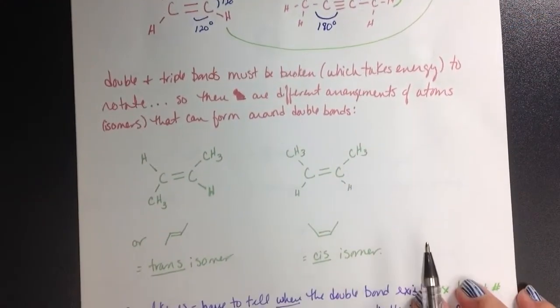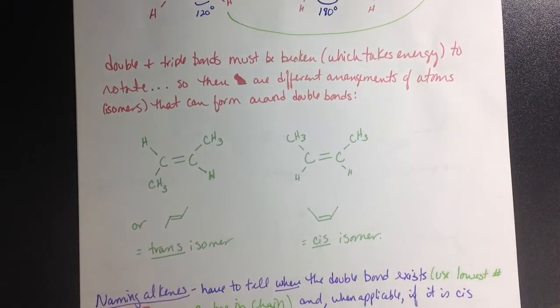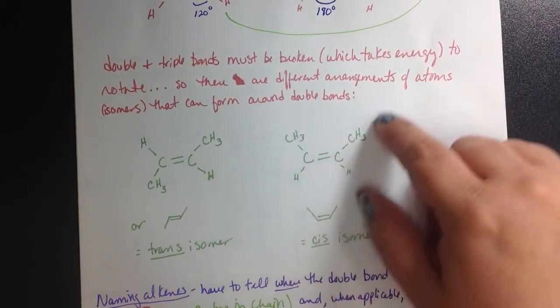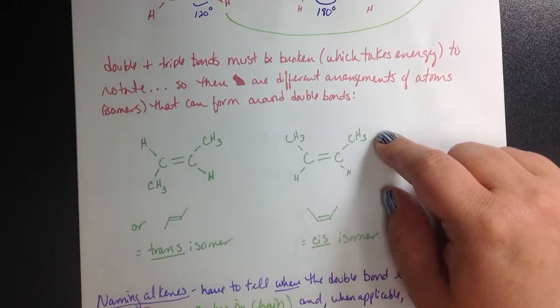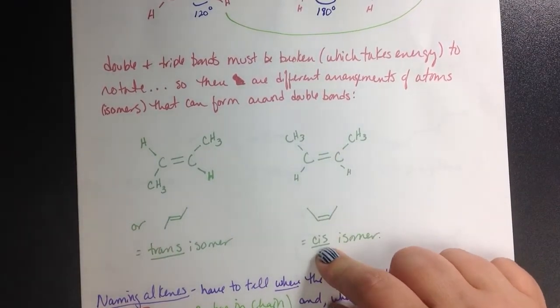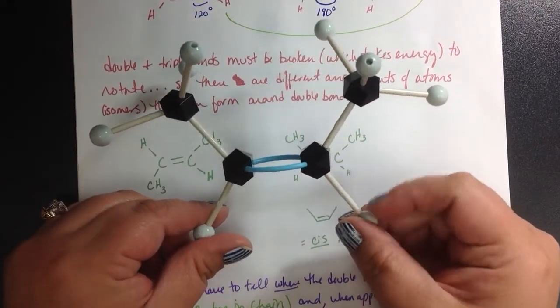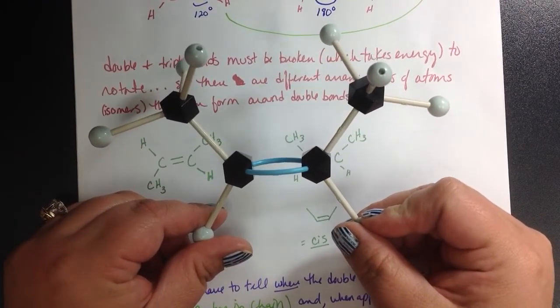Now, the same way that I just showed you how to rotate those things, we're going to name those differently because they're not the same molecule. So when you have the two groups, whatever they are, if they're going in the same direction, we call that a cis isomer. So this right now would be in the cis isomer formation.